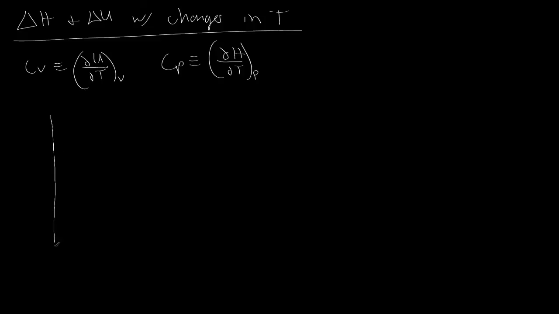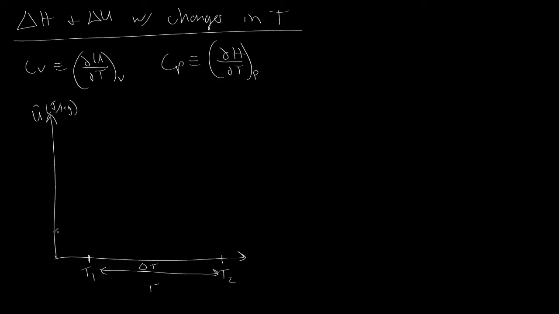If we look at this graphically, we are changing the temperature, and we'll start off with T1 and T2, and the difference here would be delta T. On this axis we will plot U hat, joules per kilogram, going from some U hat 1 to U hat 2.